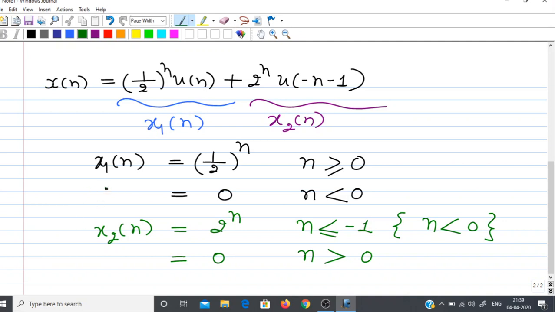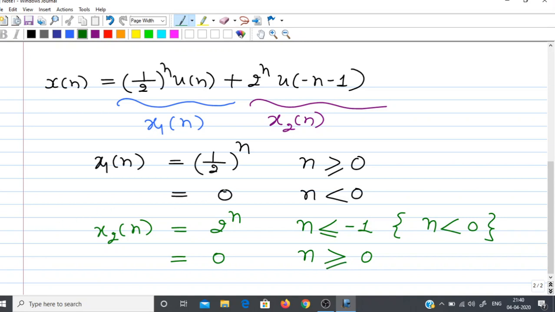Now if you add x1 and x2 and express x[n] in piecewise representation, you can see that x1[n] is non-zero for n greater than or equal to 0, whereas x2[n] is 0 there.